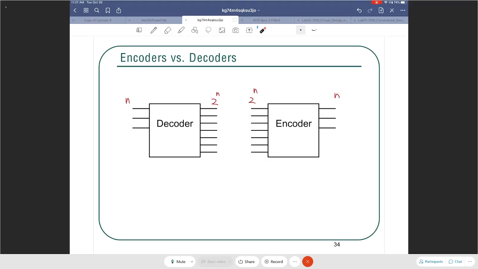However, there are some constraints. For the decoder, you guys remember we said only one output can be active. And whose responsibility is it?